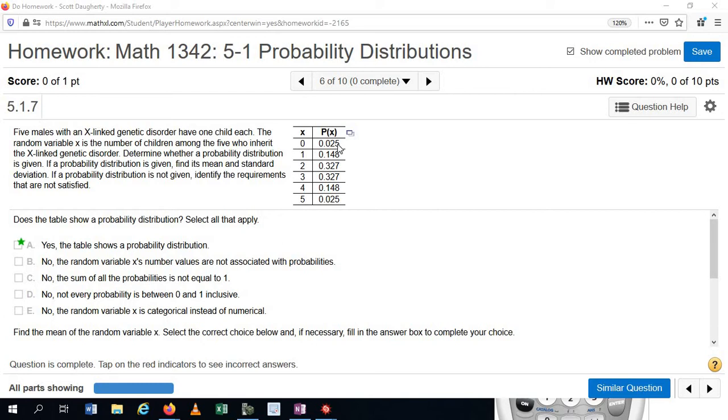The second condition is the probabilities, when you add them up for all the possible outcomes of the random variable, must add up to 1. So let's add up all of these probabilities and see if they add up to 1.